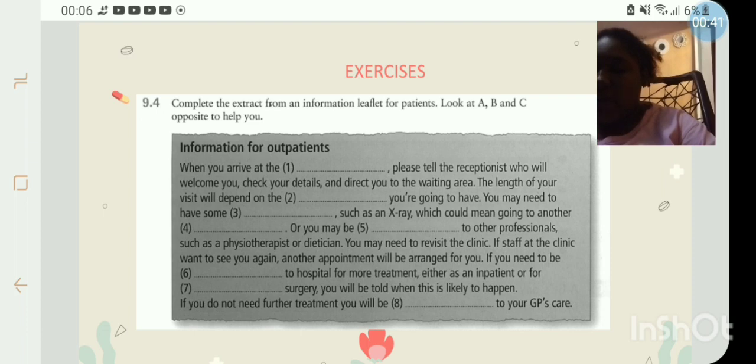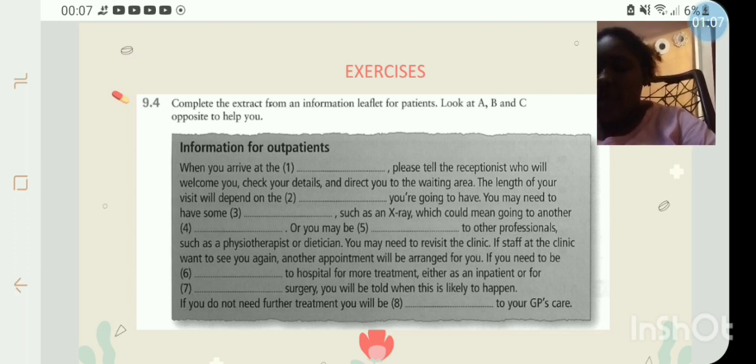The length of your visit will depend on the treatment you are going to have. You may need to have some tests such as an X-ray, which could mean going to another department. An appointment will be arranged for you.